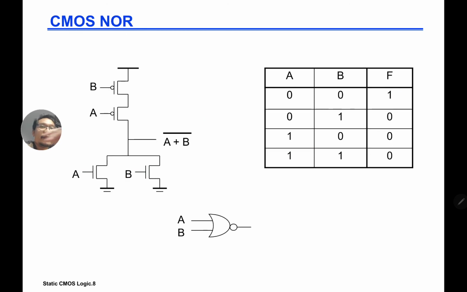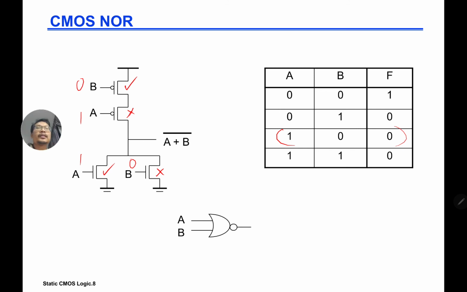Okay. Similarly with the CMOS NOR gate, it is the same story here. Let's take this one. A is 1, B is 0. So which one is off and which one is on? The 0 here is on, here is off. This is on, this is off.